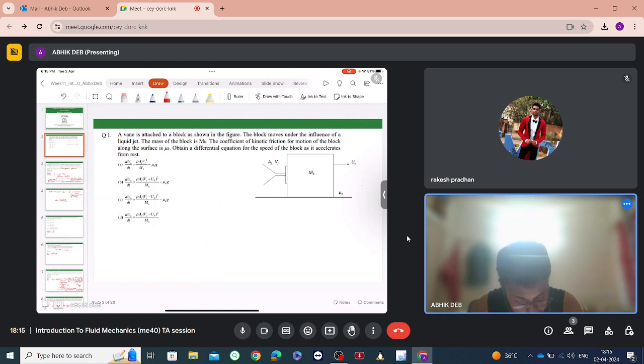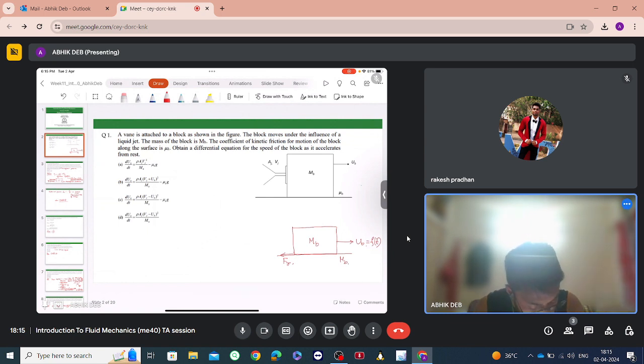this block of mass mb is sliding on a plane such that the coefficient of friction is mu b. So there is a frictional force opposite to its movement. ub is the velocity of the block, which is a function of time, that is, it is accelerating.